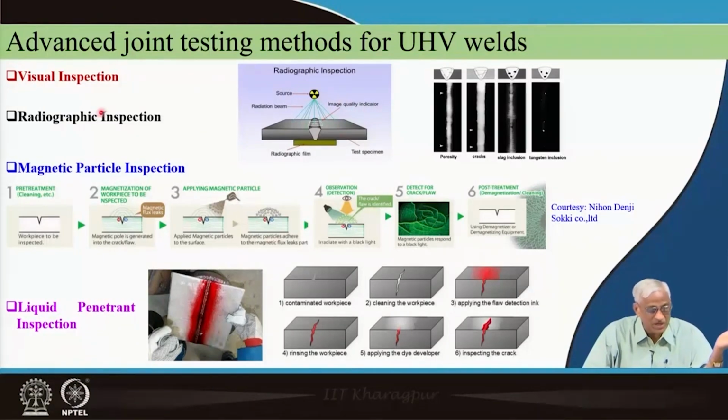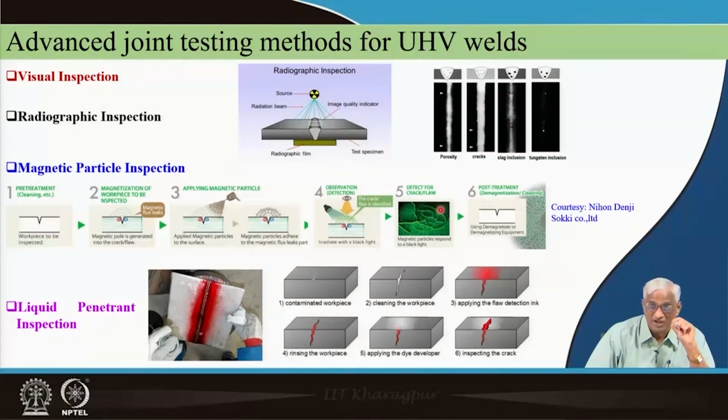For example, in a radiographic inspection the output will look like this, depending on the impurities. From the plate you can understand whether it is good or bad, then take the necessary corrective action. Similarly, you magnetize the material in the welds, and if there is any problem, you spray some magnetic particles and then apply some black light, and wherever there are flaws, you get some concentrated zones for your visual inspection.